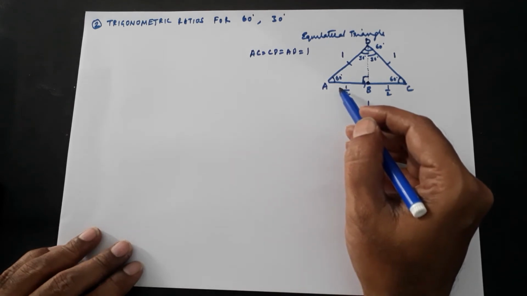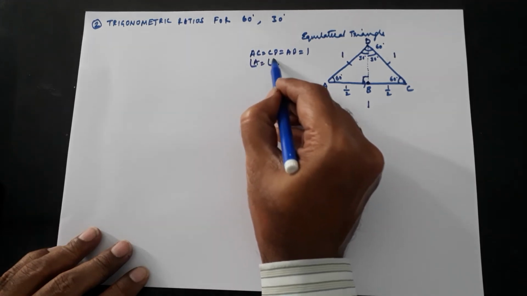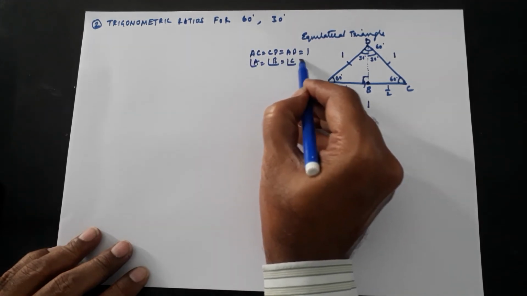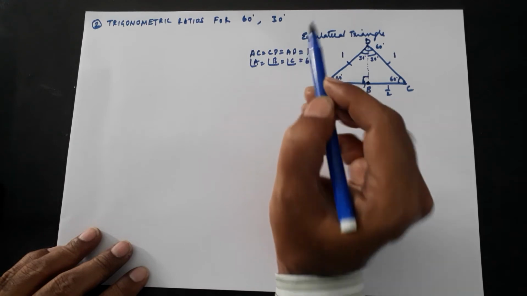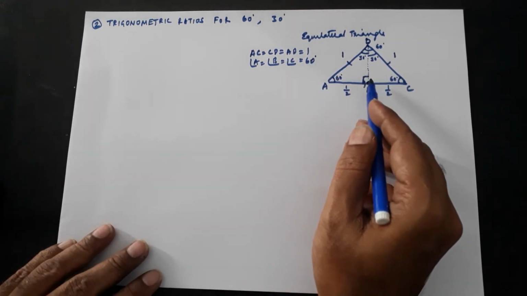And we have all angles, angle A equal to angle B equal to angle C, which is 60 degrees. Okay, because it's an equilateral triangle, all are 60 degrees.